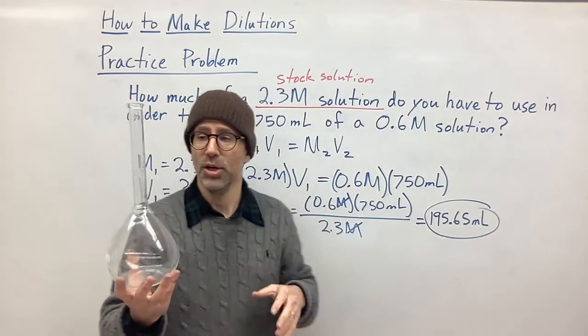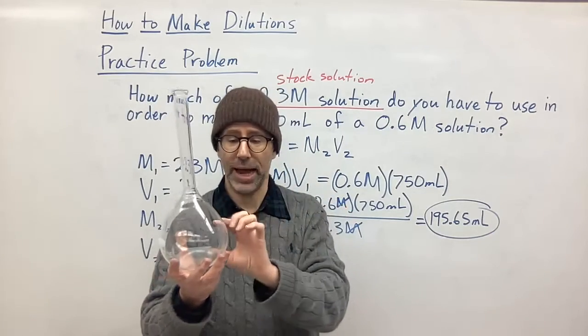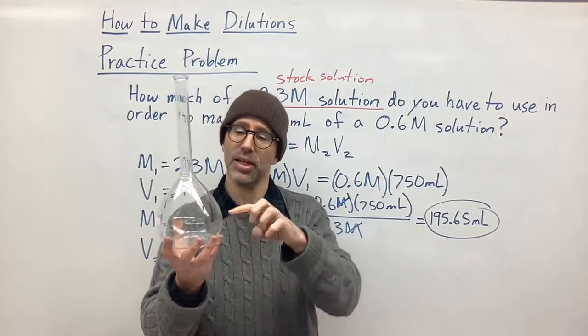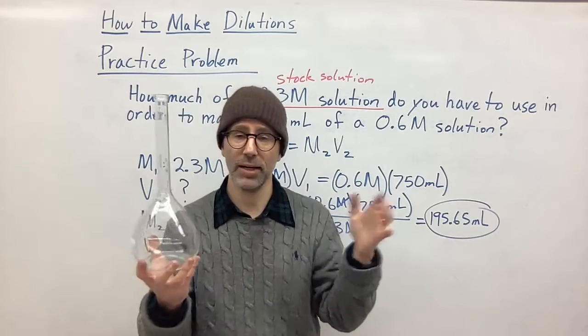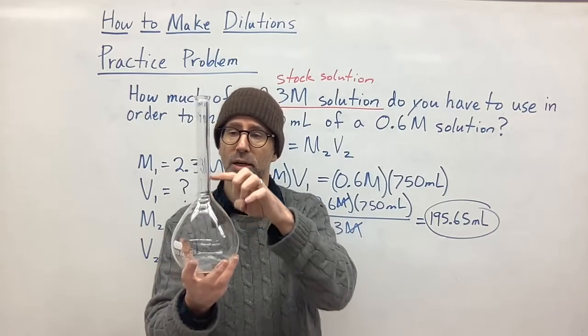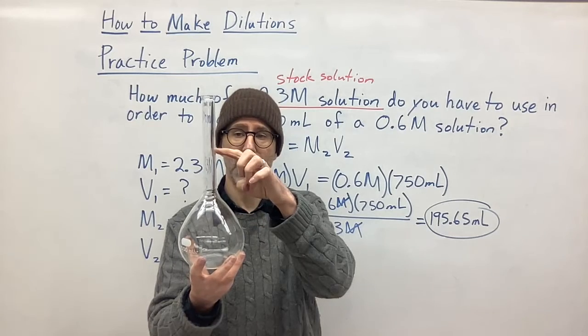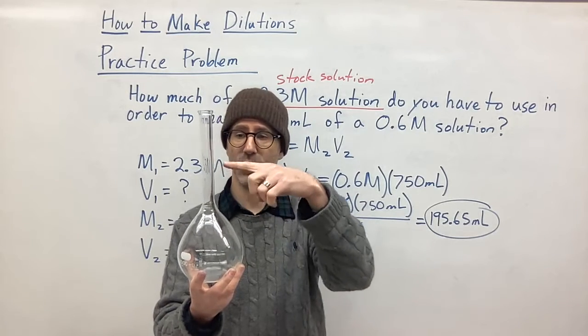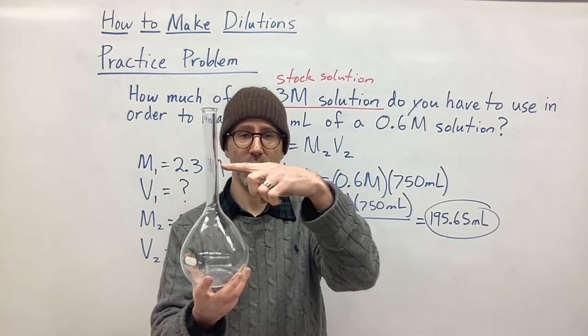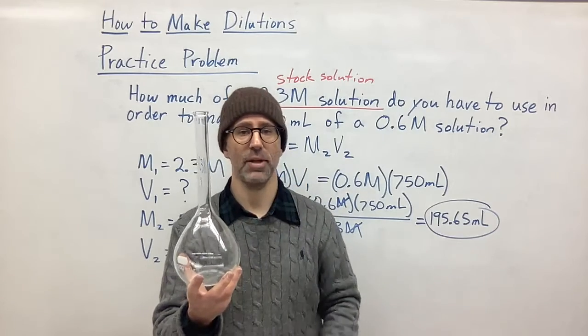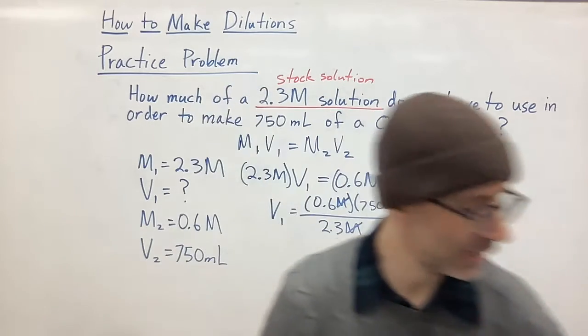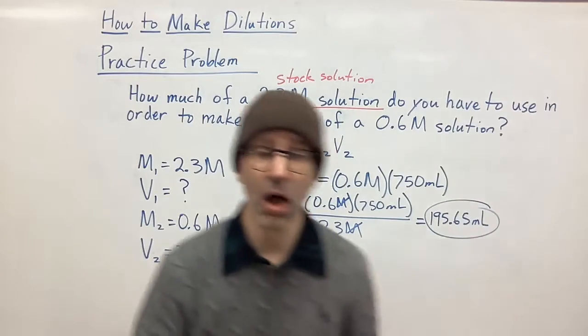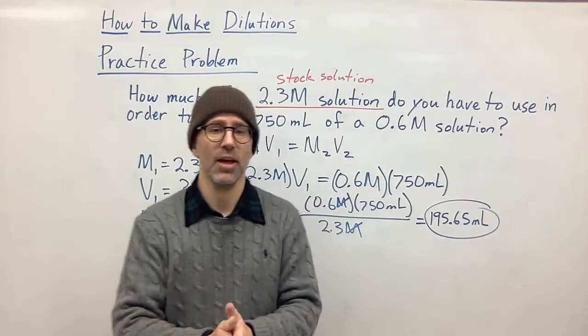Again, add the stock solution that you need, and then just add enough water, whatever that is, until your meniscus gets to the top of the line, touches the top of the line. Okay, so that is really all I wanted to do in explanation of this video.